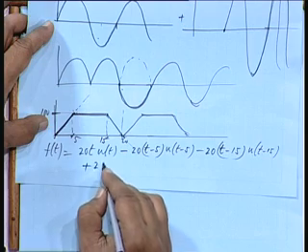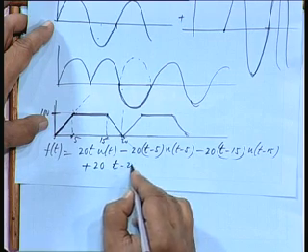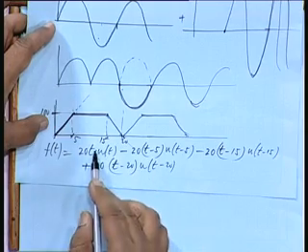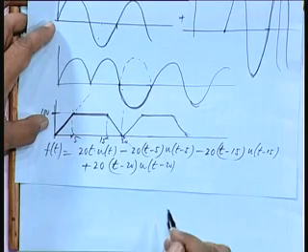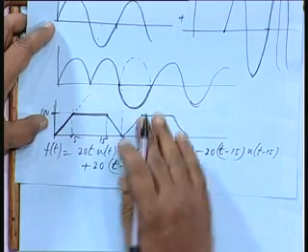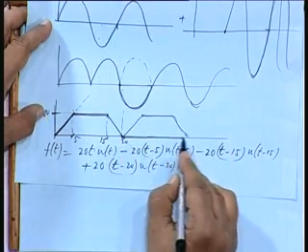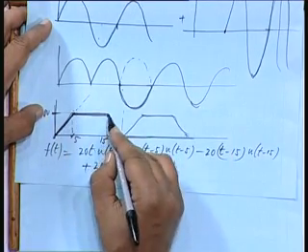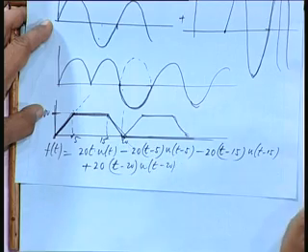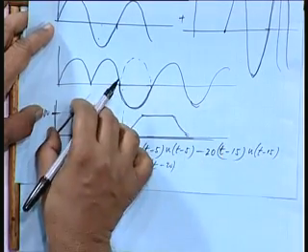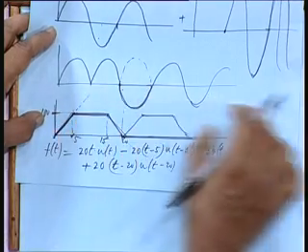Plus 20 (t minus 20) u(t minus 20). So, these 4 functions collectively will give me the first block. That means the function remains constant after this. It goes like this and then remains constant at 0 value. That will give me the first period. Now, you keep on repeating this.